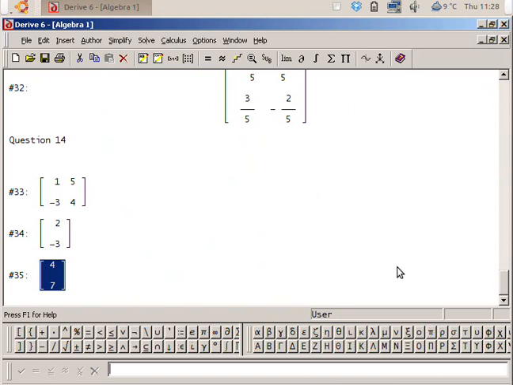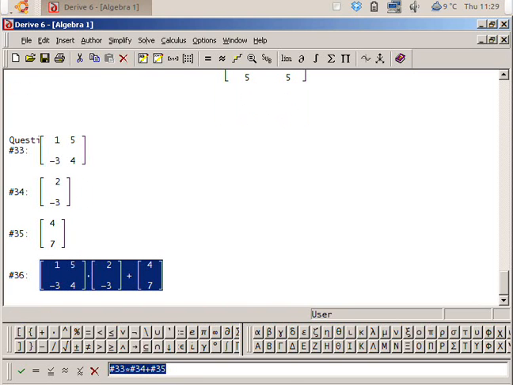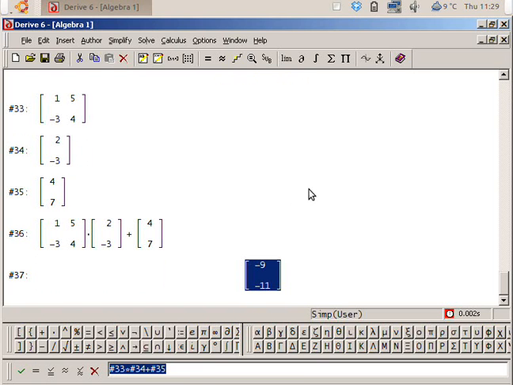Okay, so if we look carefully here, I want line 33 multiply line 34 plus line 35. Minus 9, minus 11. Yes.